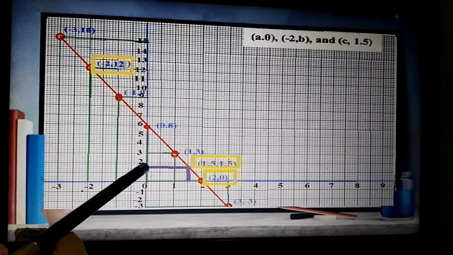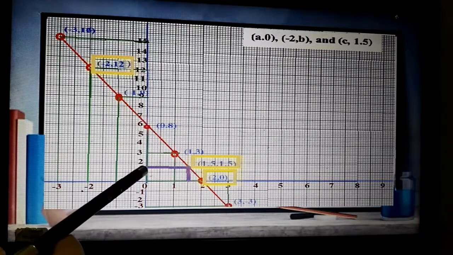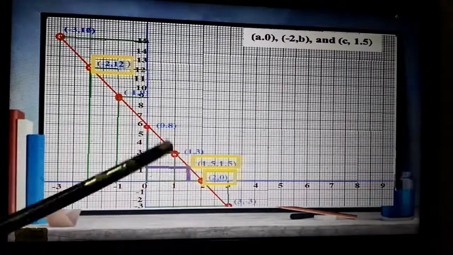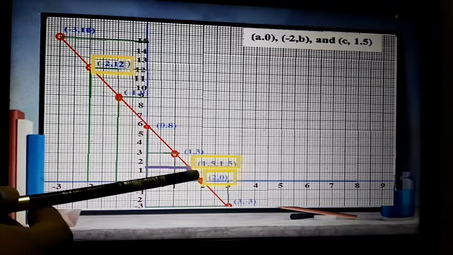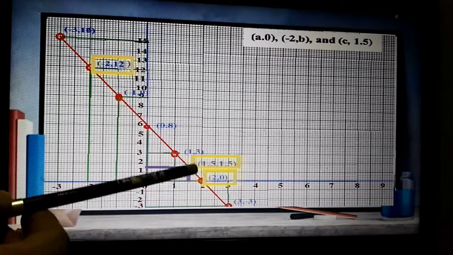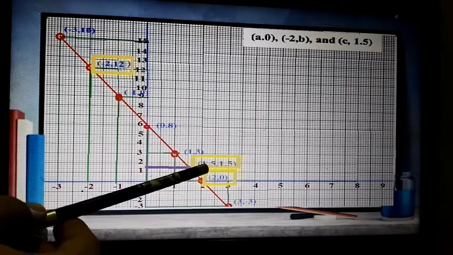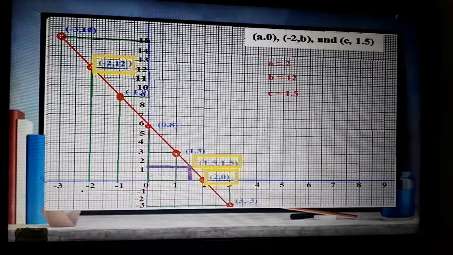So 1.5 is between 1 and 2, the midpoint of 1 and 2. If we move along this straight line, we find that on the x-axis, x is also 1.5. So here c is 1.5.